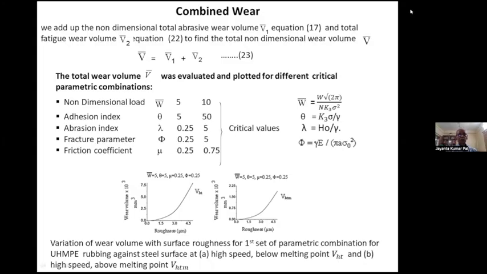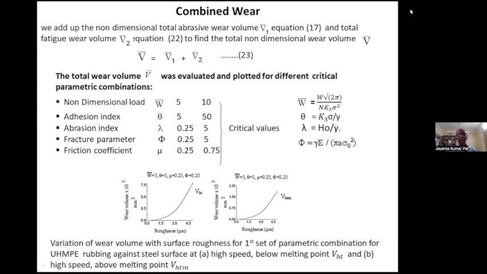So we have chosen two sets of values. The first set of values, W bar 5, theta 5, lambda 0.25, phi 0.25, and mu 0.25, refers to high adhesion and low abrasion and fatigue wear.